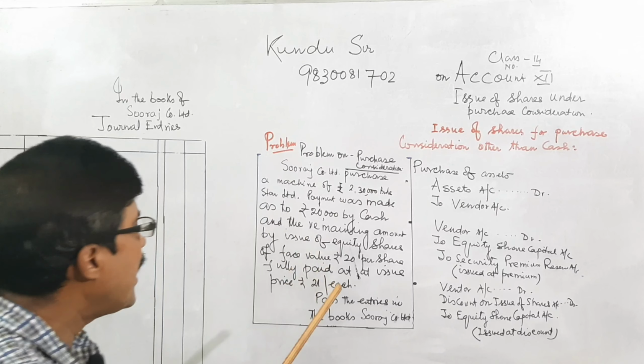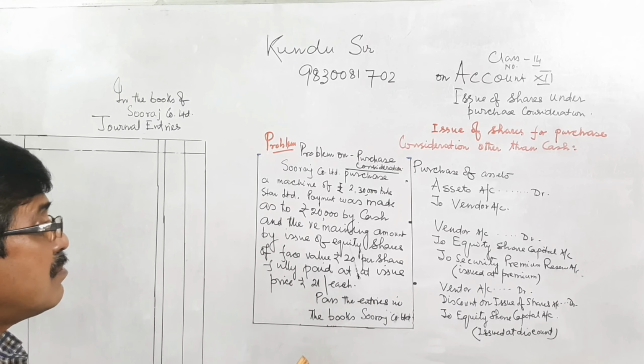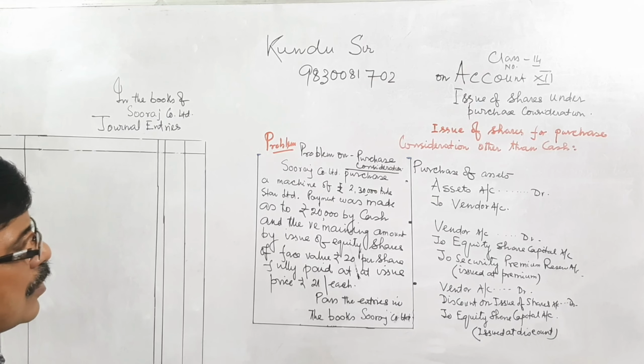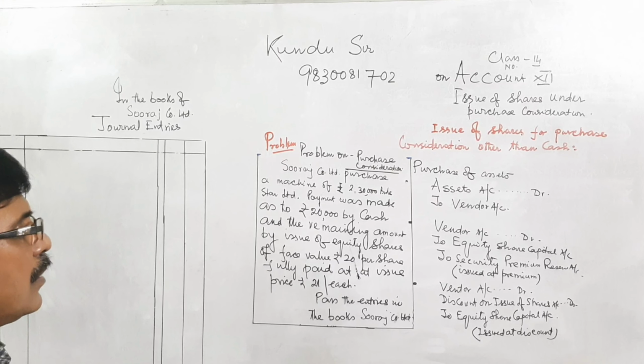That means any company is purchasing different machine or plant or asset from some vendor or seller, then what will be the standard entry?